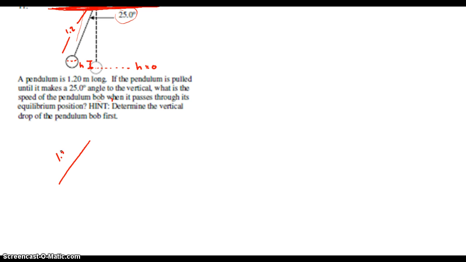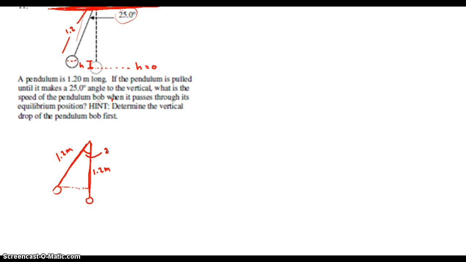We have 1.2 meters, the length of that string, which doesn't change. This is still 1.2 meters. Instead of being over here, it's just over here now. Now I can use right angle triangles to help find that height.